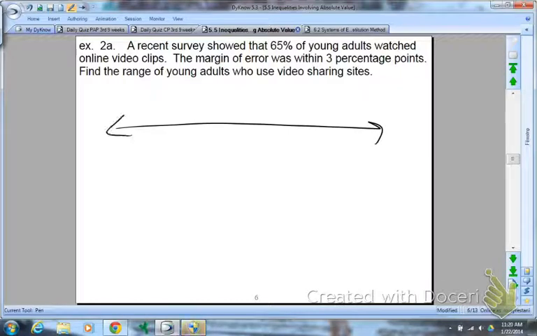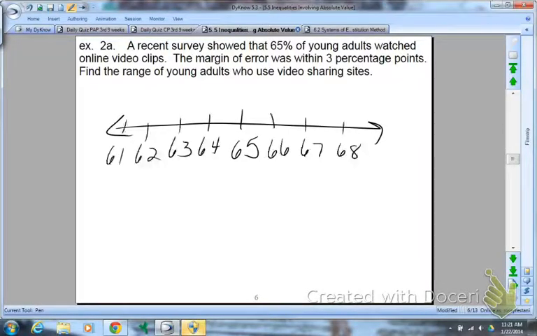So it could be 3 behind the 65, so it could be 62 all the way to 68. So the margin of error could be anywhere between 62 and 68, including 62 and 68, correct? That would be the range.